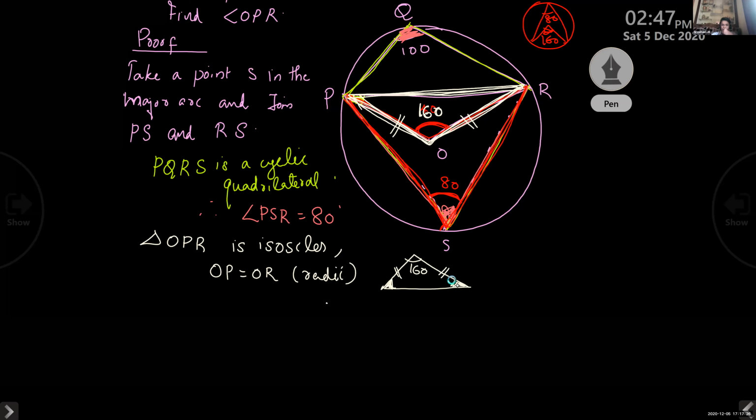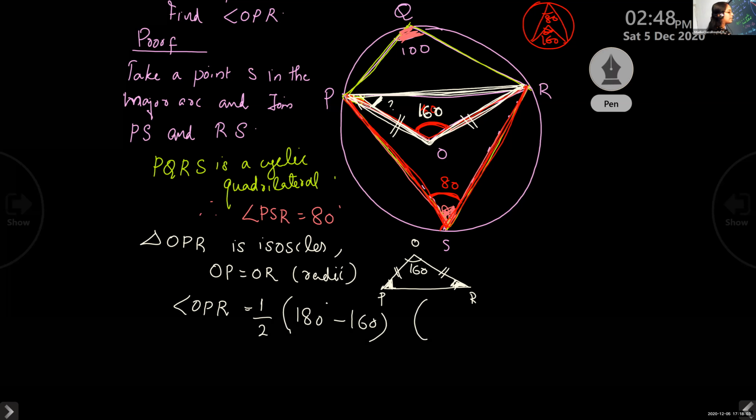Can you tell the measurement of that angle? Ma'am, 10. Yes, good. Since it is an isosceles triangle, the base angles will be equal. So we have to find angle OPR. Angle OPR equal to half of 180 minus 160. Why did I write half?